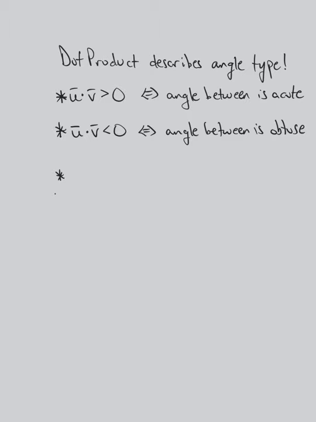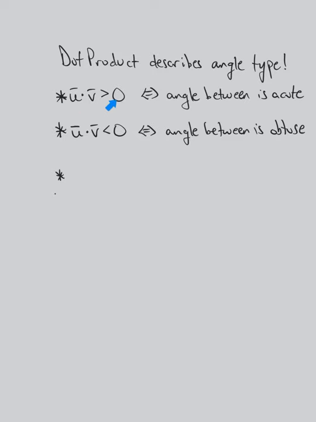Okay, so like I was just saying, the dot product describes or predicts the angle type. What you can do too, you can use this to catch errors if you have good pictures. Sometimes you might have a situation where the angle's obviously obtuse, but you get a positive dot product, and so that can indicate an error too. But it can tell you beforehand what type of angle you're going to get.